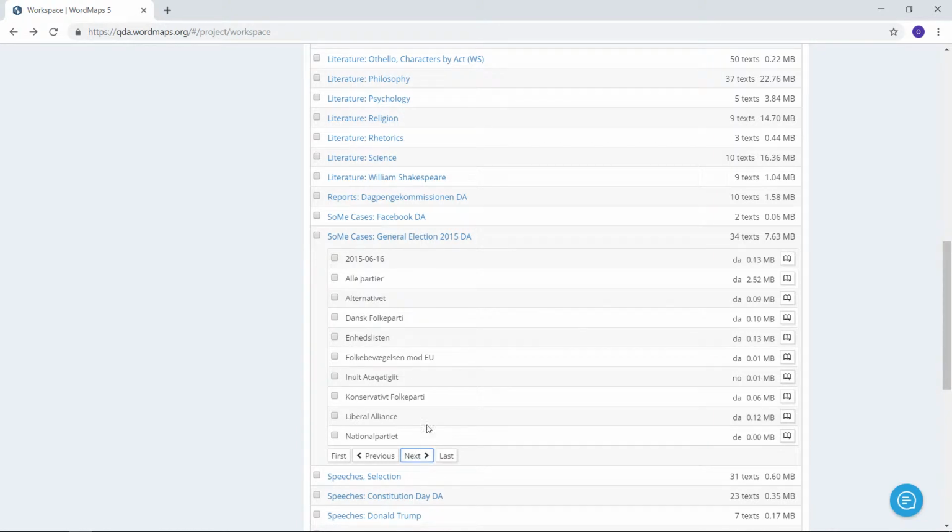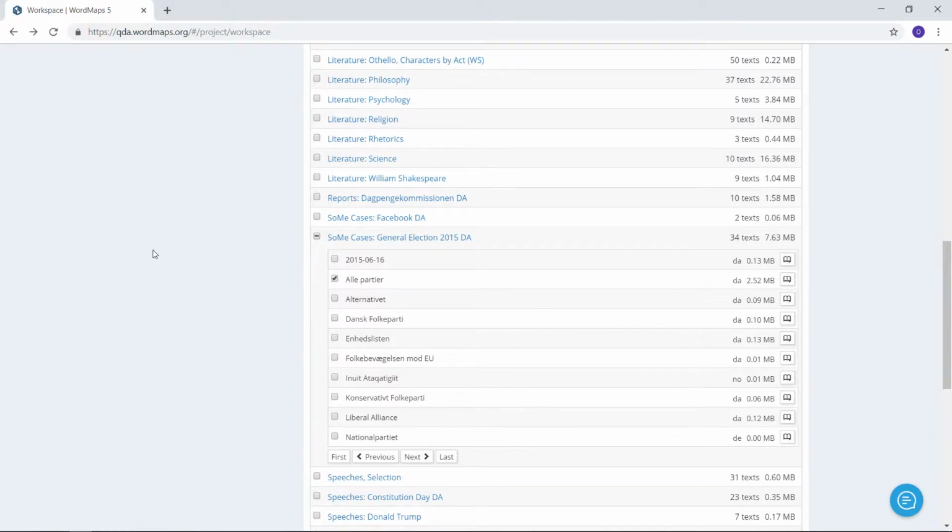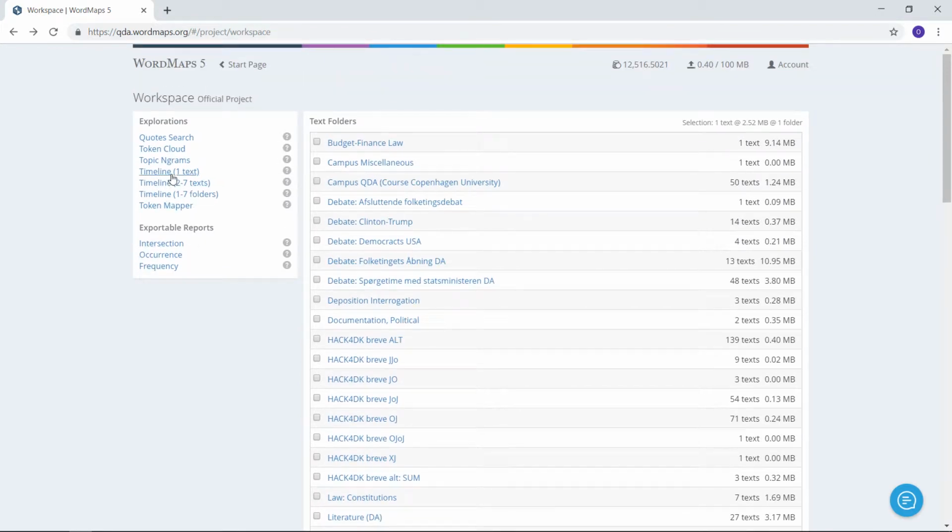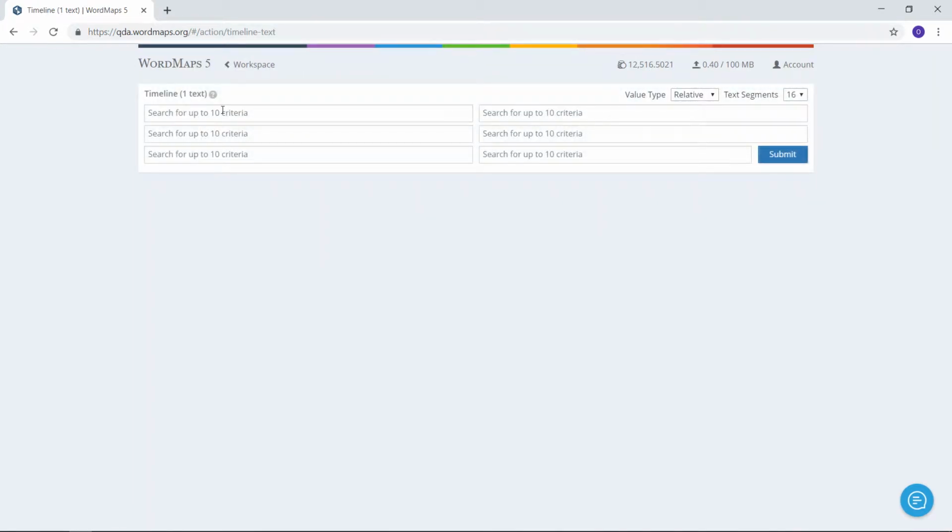So now let me go back, and this one is called all parties. So that is all the information for all the days, covering all the parties that took part in the election and all their tweets. That has been selected now, and we'll now choose this timeline.